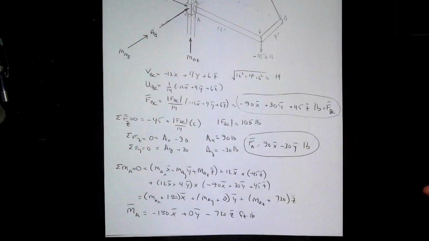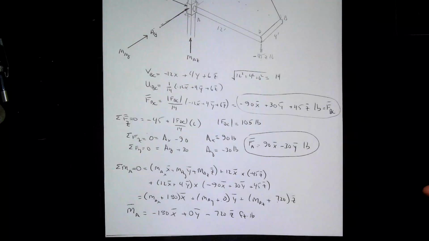Now, this is going to be a tension, so what I want to do is get a unit vector, direction vector. If I take 12 squared plus 4 squared plus 6 squared, square root, that would give me 14.